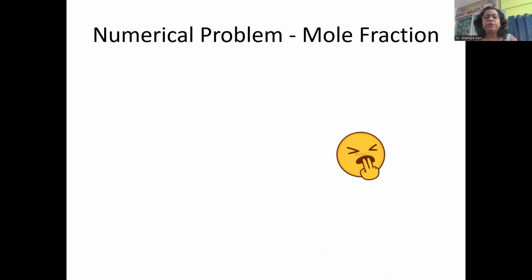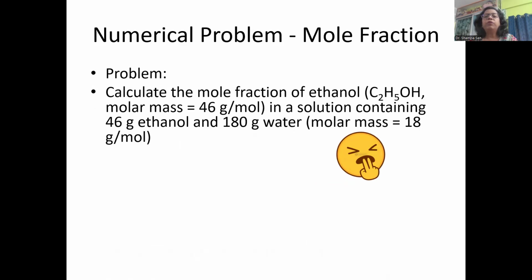It's coming as 10%. Now on mole fraction, calculate the mole fraction of ethanol. What is the formula of ethanol? C2H5OH. So it's easy to find out the molar mass now, but it's given in the question as 46 gram per mole. In a solution containing 46 gram of ethanol and 180 gram of water, molar mass is given as 18 gram per mole.